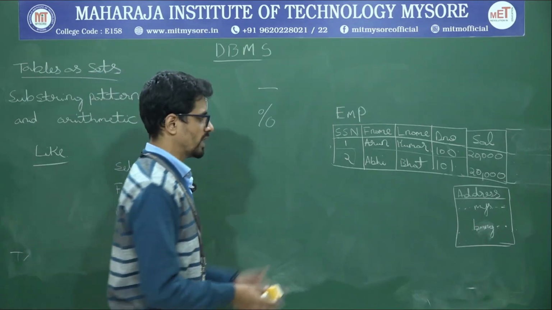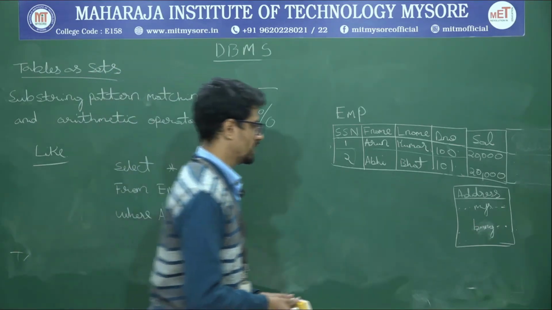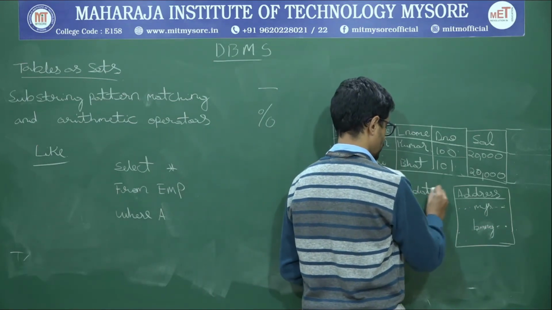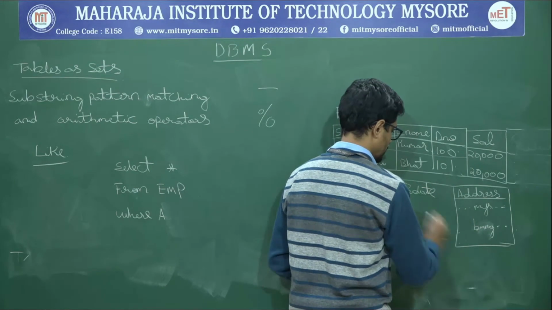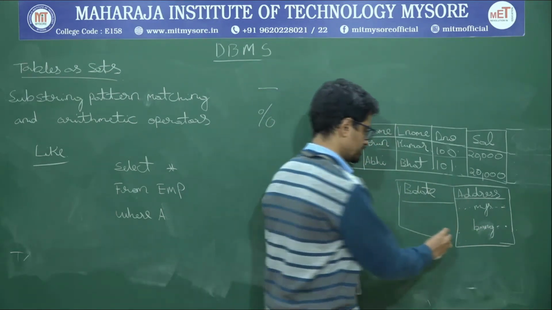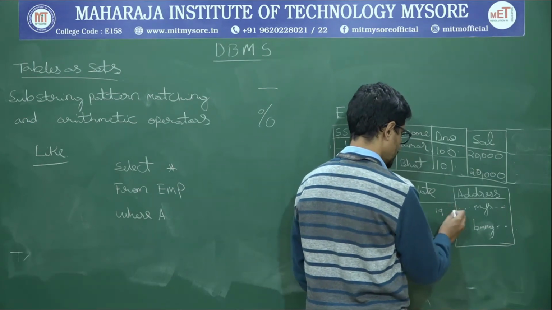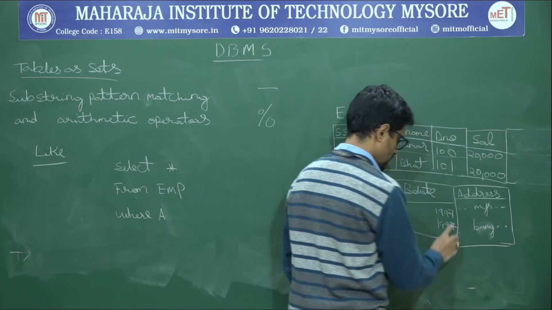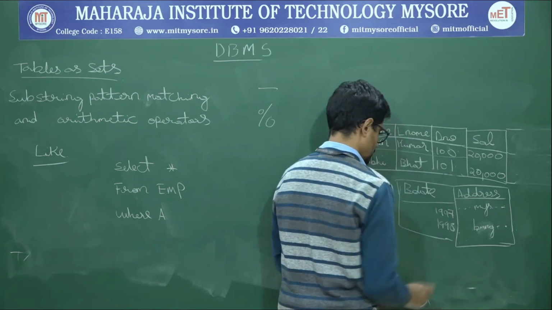Assume that there is one more attribute called birth date, date of birth. The values have been filled, and I want people who are born in 1997, something like this, or 1998.